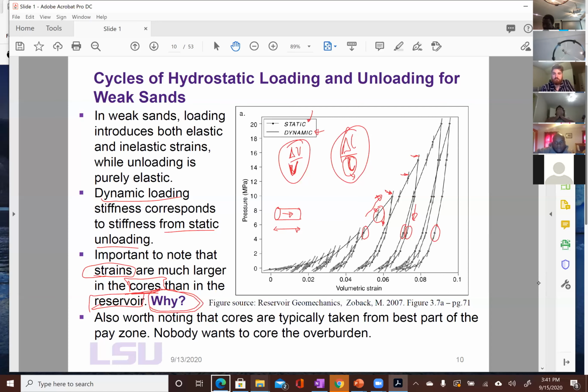I think the instruments also have a finite amount of sensitivity, so you will want to get reasonable strain in your measurements, not a strain of 0.001%, which might be actually closer to the reservoir, because that is less perceptible with whatever device you're using to record that.